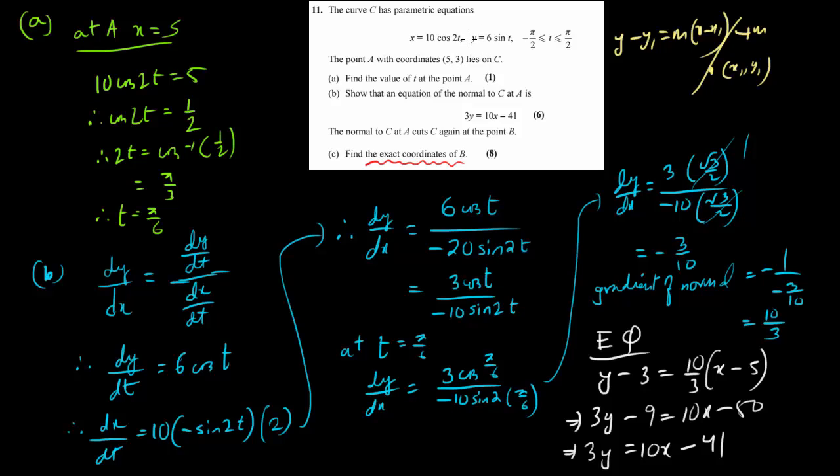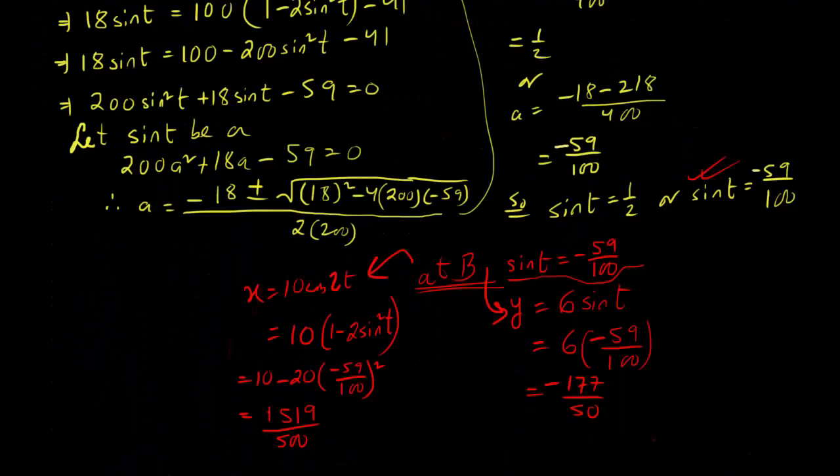So to find the exact value of B, what we have to do is plug in the other value. So we put the value of sin t as minus 59 by 100 in the x coordinate, and then we put that value in the y coordinate. Remember, in case of cos 2t, we have to break it down into 1 minus 2 sin squared t, so that we can put the value of sin t as minus 59 by 100 whole squared, and the calculator value turns out to be 1519 by 500.